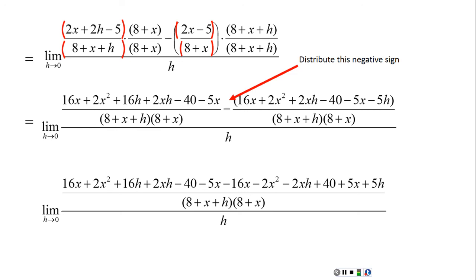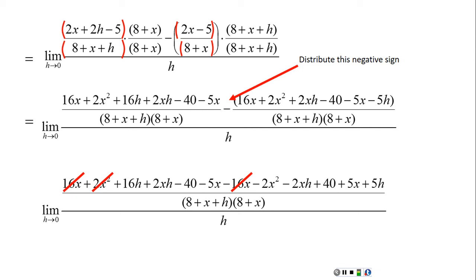Good thing about these horribly long, ugly problems is if you did it correctly, the only thing that's going to be left in the numerator will have an h in it. If you have terms that don't have an h in the numerator, you're doing something wrong. So we have 16x minus 16x.